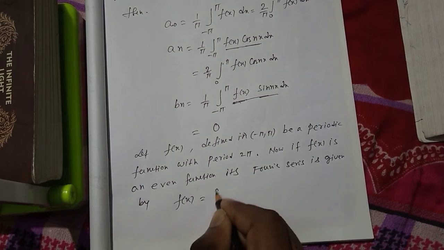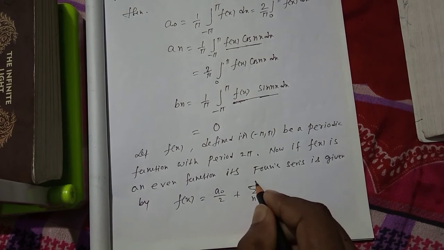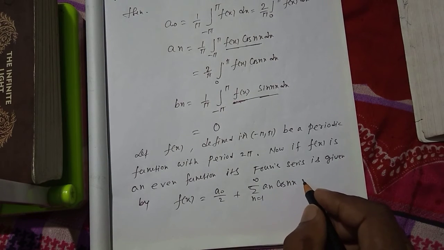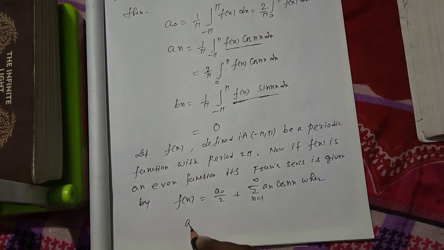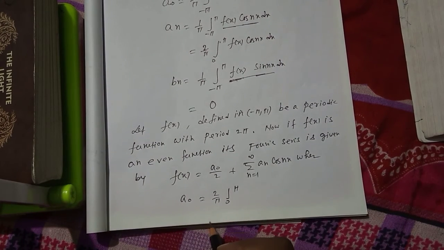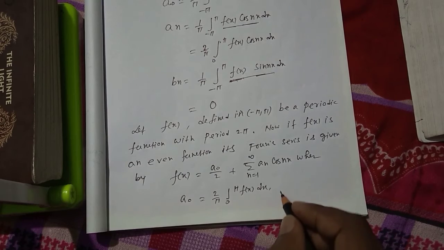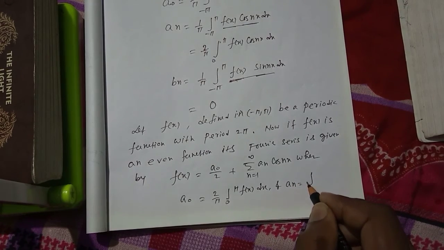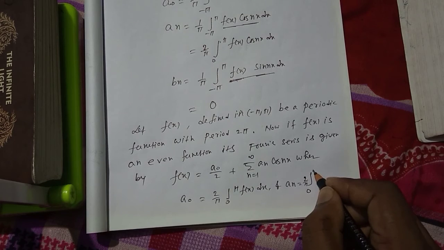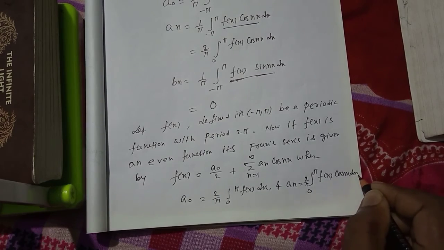f of x is equal to a0 by 2 plus summation n equal to 1 to infinity an cos of nx, where a0 is equal to 2 by pi integration 0 to pi f(x) dx, and an is equal to 2 by pi integration 0 to pi f(x) cos of nx dx.